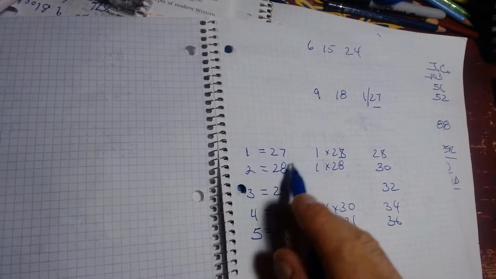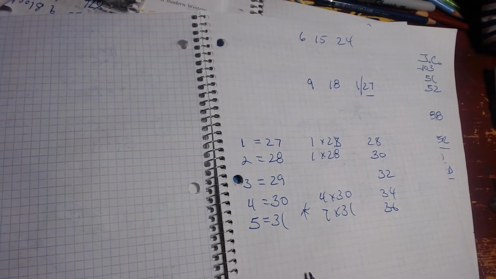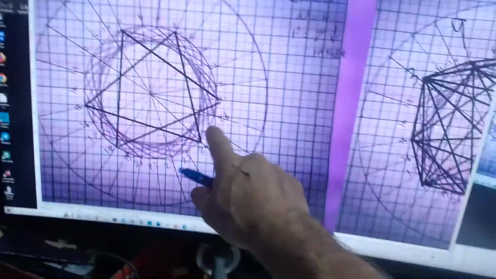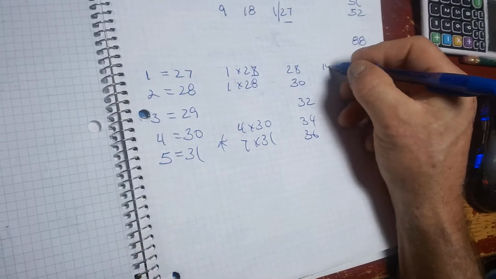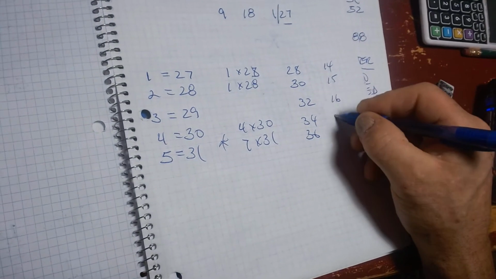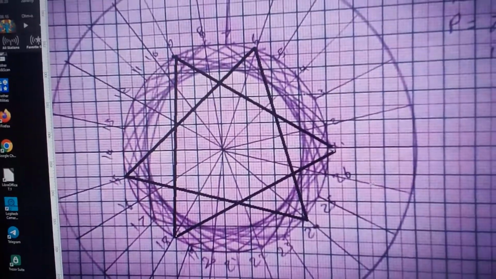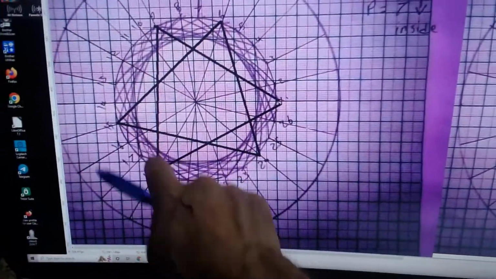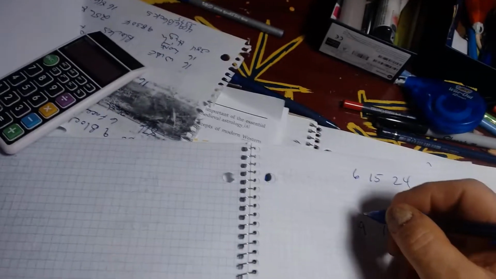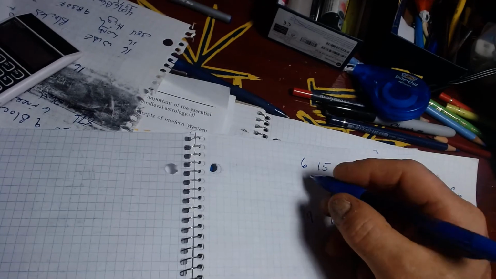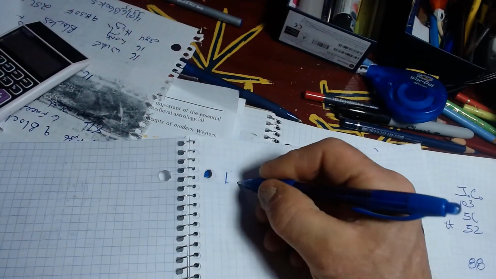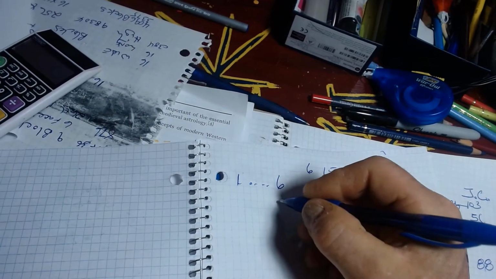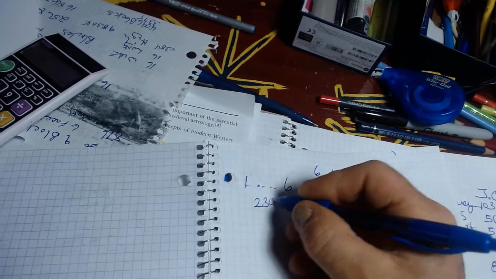Because what I do is I just add these equations together because they rotate over them on level 2. So if I divide them, it'll be 14, 15, 16, 17, and 18, because I've went over and used them twice. So now what we're going to do is we can see, right, we're going to use these over here. So the rotation of what is between 1 and 6 is going to be 2, 3, 4, 5.